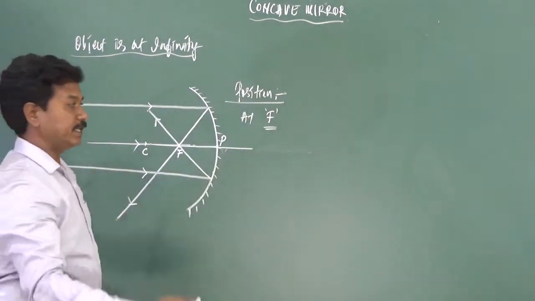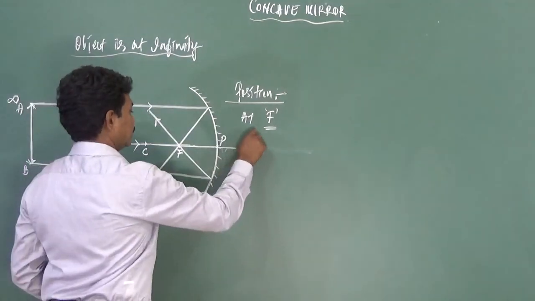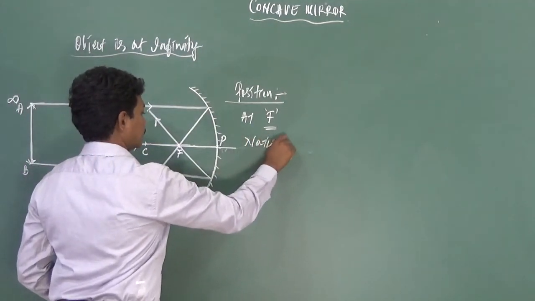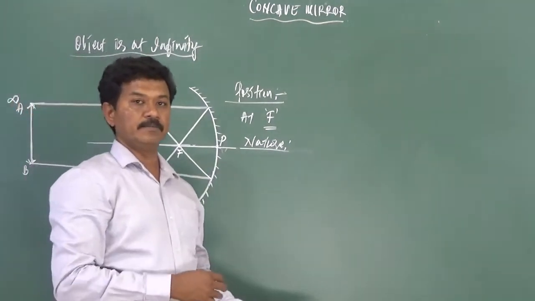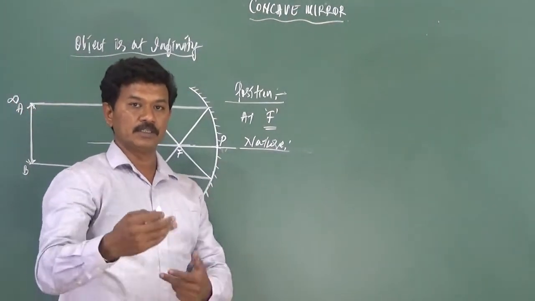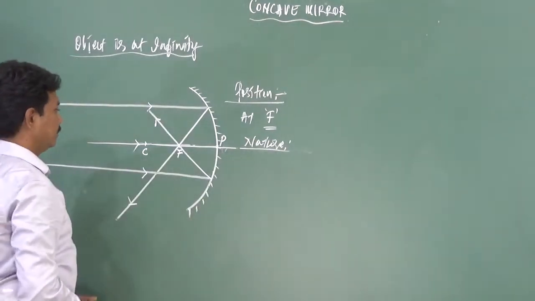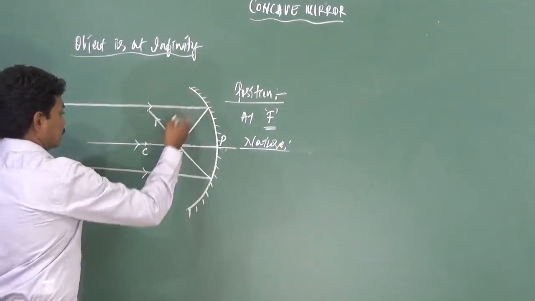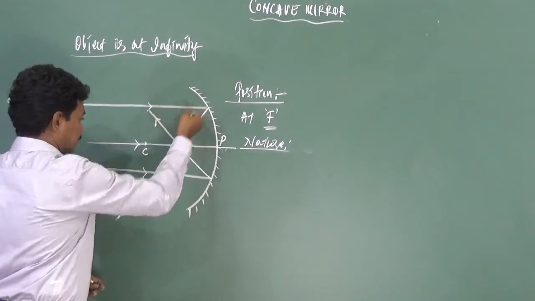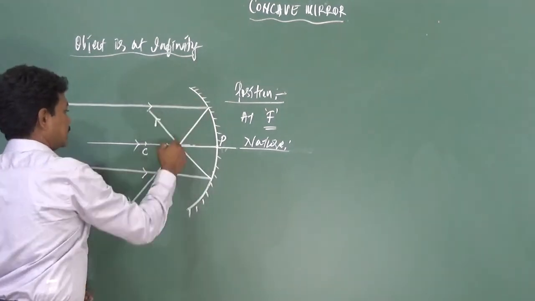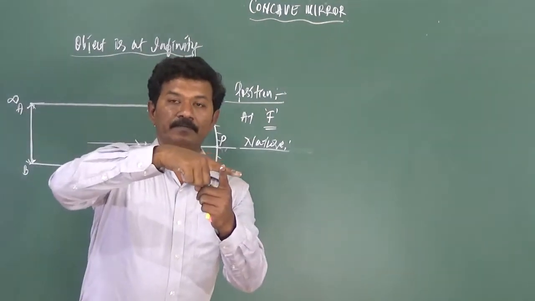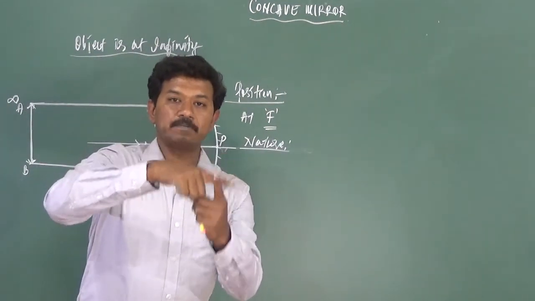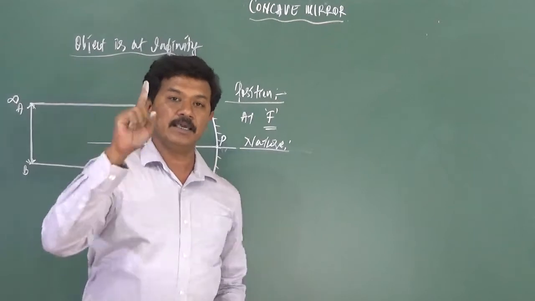Now, what is the nature of the image? We write the nature: how big it is, how small it is, whether it is a real image or a virtual image. All these things we write in the nature of the image. As these two reflected light rays are actually meeting at a point, the image formed there is a real image.